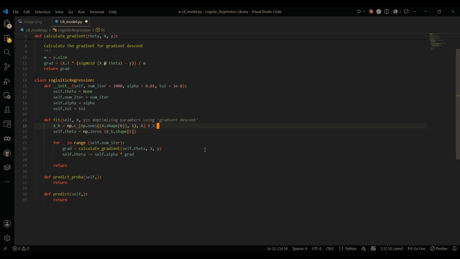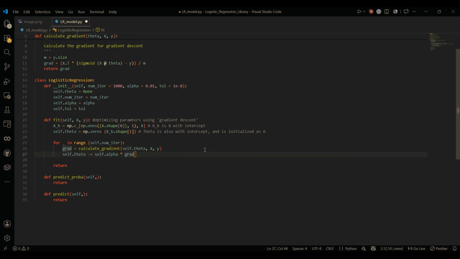Okay, let me clarify something up here. This is x; xb is x with intercept. Theta is also with intercept and is initialized at 0. This makes the model more stable.